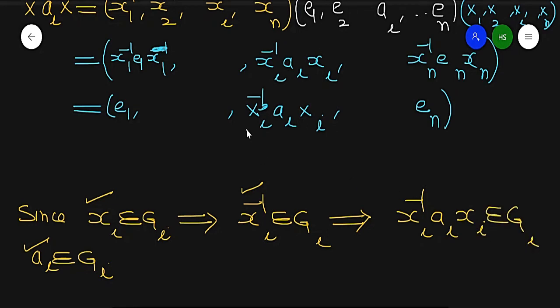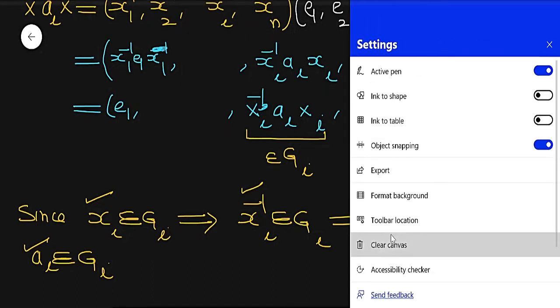So it means this element belongs to Gi. If this element belongs to Gi, then this product belongs to Hi. What do we get? We get Hi satisfies the property of the normal. It means this Hi is a normal subgroup.